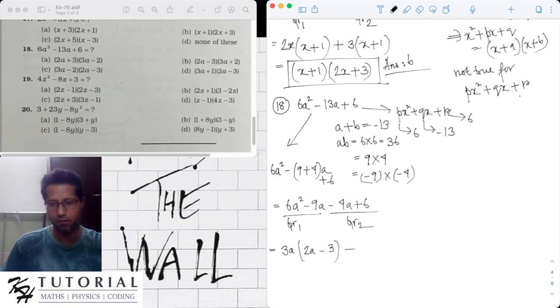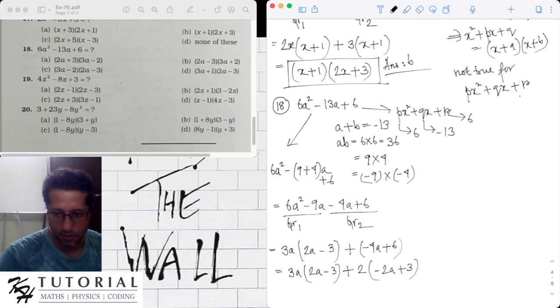And the second group is minus 4a plus 6. If you take 2 as a common factor from all the terms of group 2, we get 2 multiplied by minus 2a plus 3.